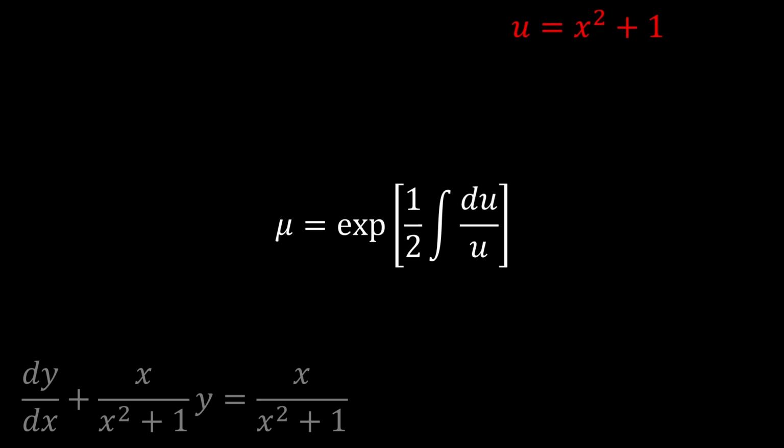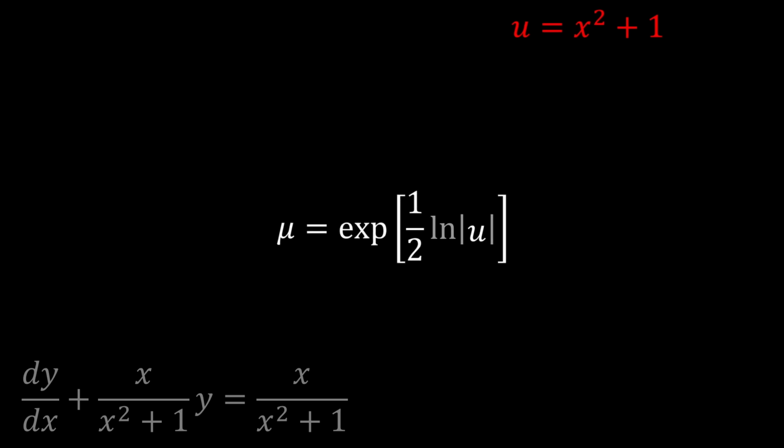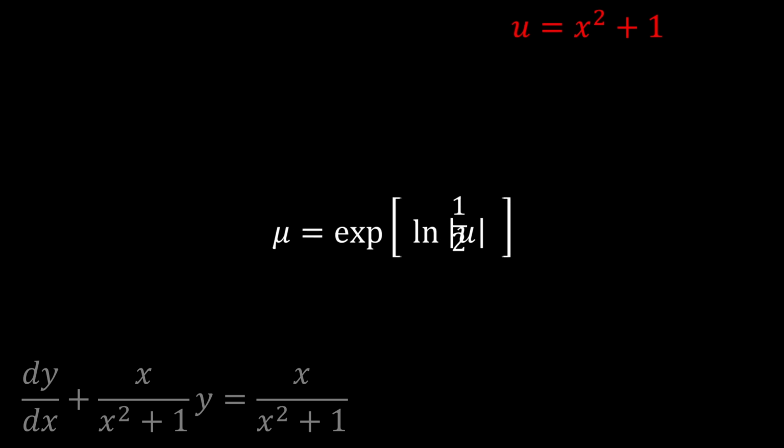Now what we have here is the integral of du over u, which should be a fairly easy antiderivative to recall. The integral of 1 over u du is simply ln of the absolute value of u. Great. Now we could apply the rules of logarithms, and we see that this is the same thing as ln absolute value of u to the 1/2 power.